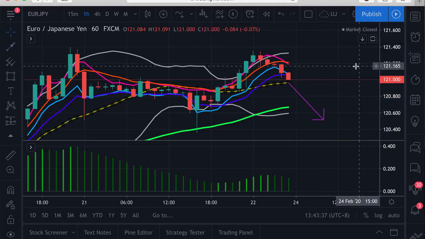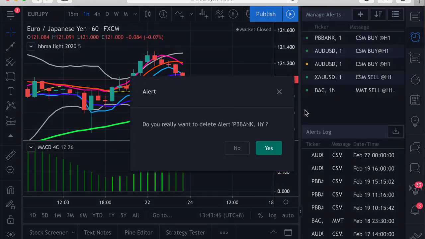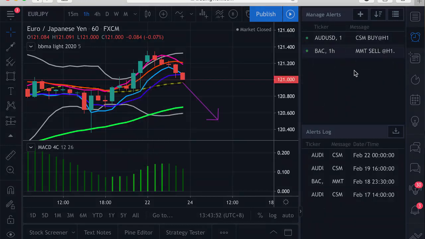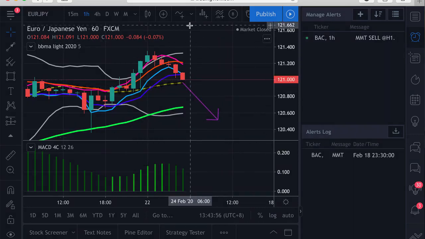And for this, we're going to use our custom indicator and create an alert. Let's remove all the alerts from the previous week. So we are going to add an alert for this EURJPY.